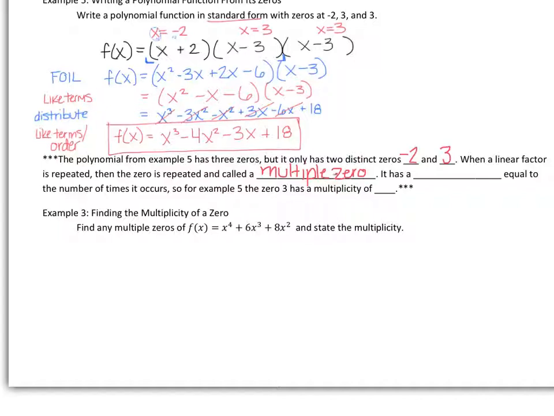Multiple zeros you describe by how many times they happen, and that's called their multiplicity. So in that example, the zero 3 has a multiplicity of 2 because it happened twice.